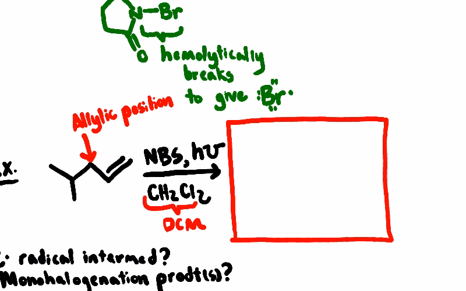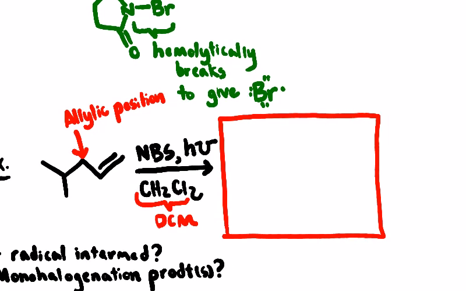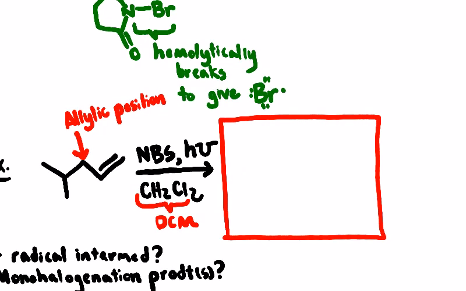So hopefully you've paused and taken a moment to draw in the radical intermediate here. The radical intermediate that we're going to form, preferentially at the allylic position, is that we're going to have a resonance stabilized intermediate, wherein we'll draw our initial resonance structure corresponding to placing a radical at the allylic position of our starting material.